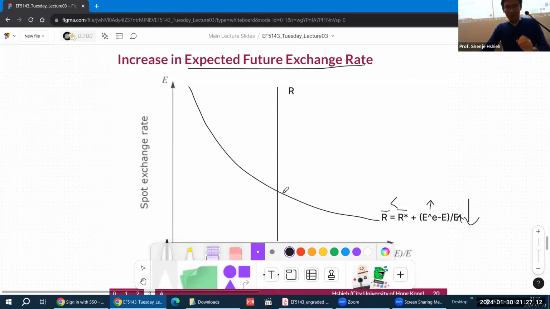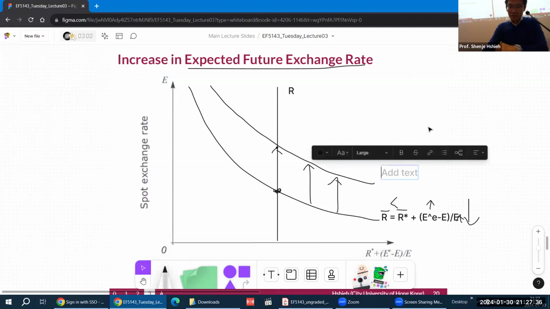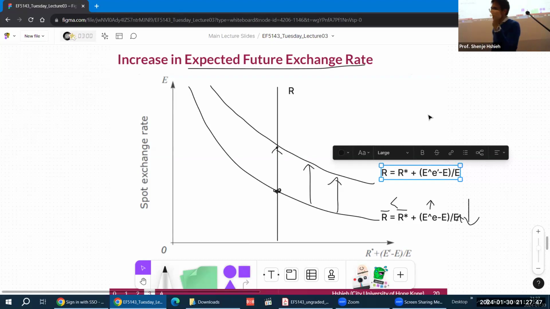So repeating myself, we've chosen arbitrary R, suppose this R. If there is an increase in E hat E, the spot rate must increase. So choosing any R along this line, we must jump to a higher point, right? So the entire curve shifts upward. So let's just call that R equals R star plus E hat E prime minus E over E. Okay, I use the prime to indicate a different value, a higher value.